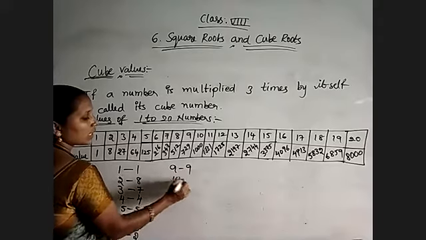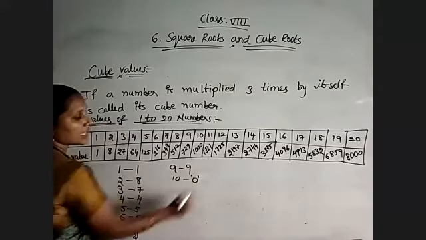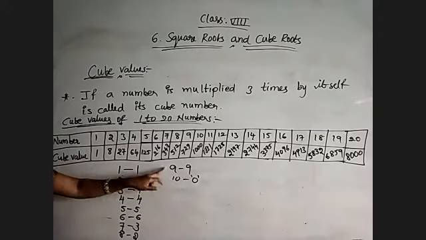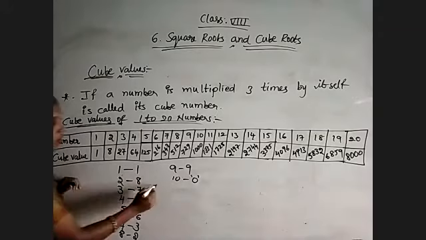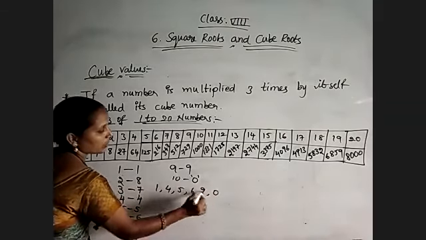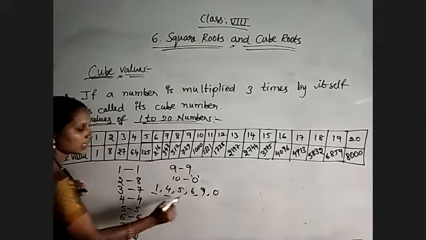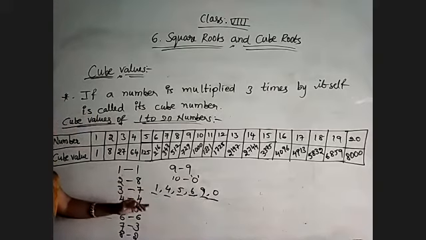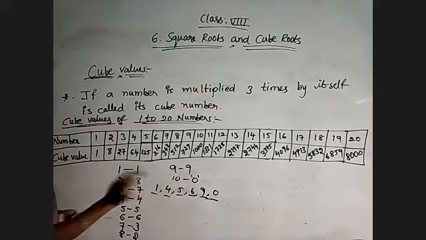And for 10, and multiples of 10, we will get 0. So remember, the digits 1, 4, 5, 6, 9 and 0 compulsorily: if the numbers have these digits, then in their cube values we will get the same digits. 1, 4, 5, 6, 9 and 0.